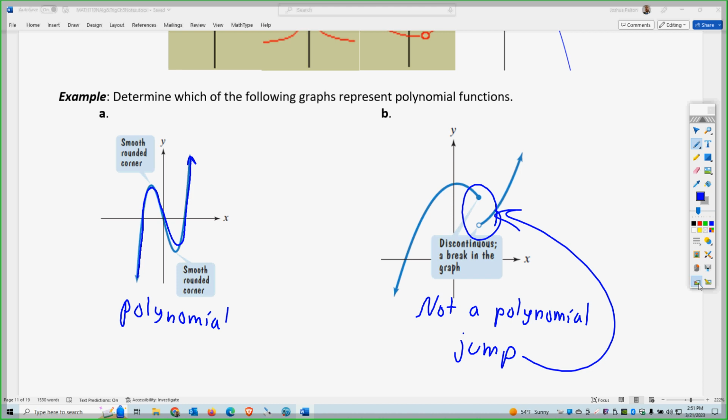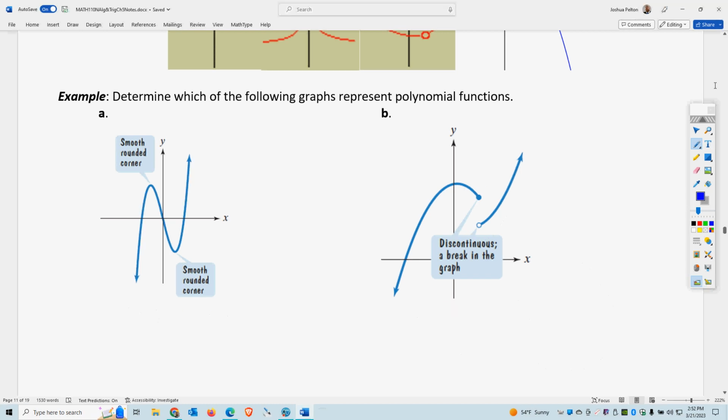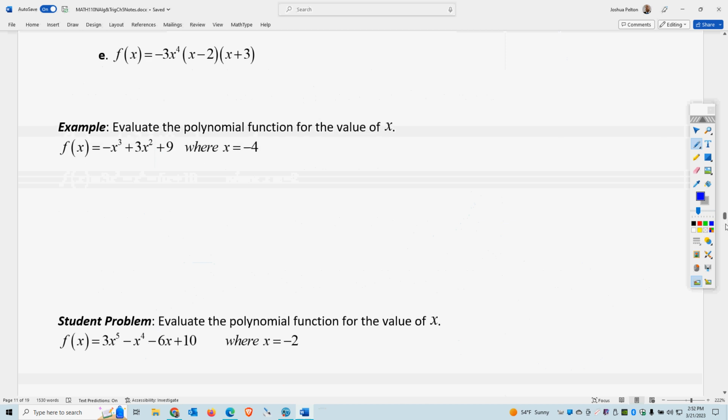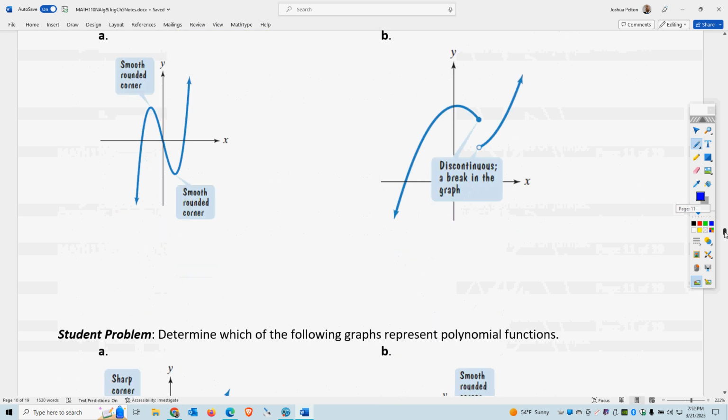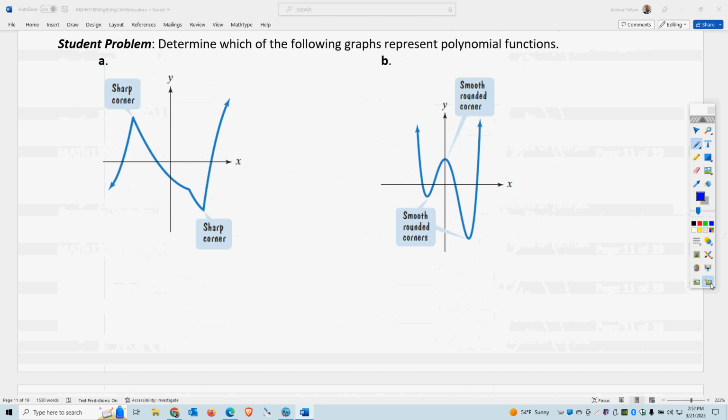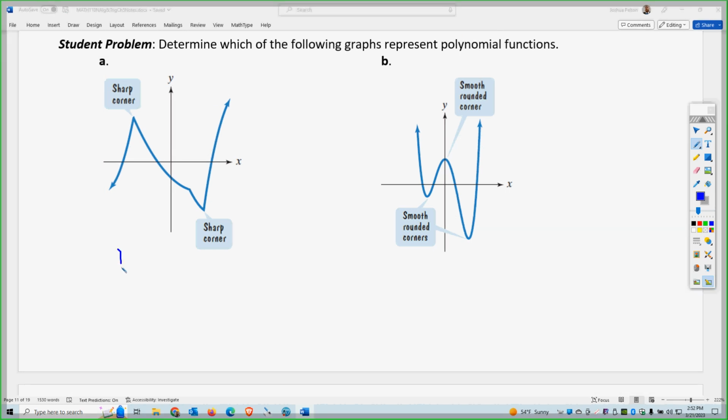Okay, all right, pause the video, try the student problem for yourself. Okay, so if I look at the student problem, this is not a polynomial, right?